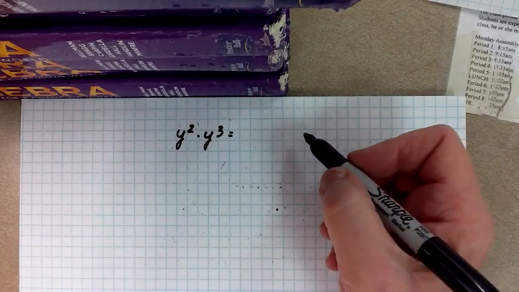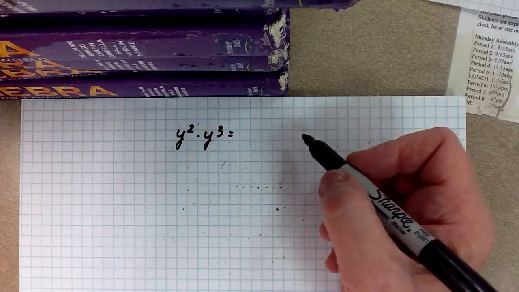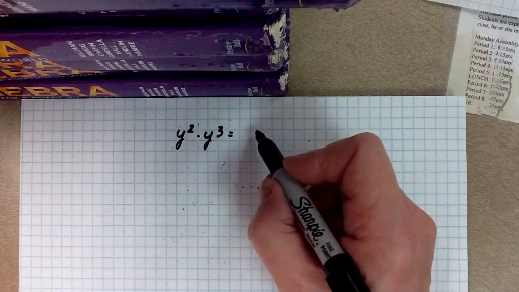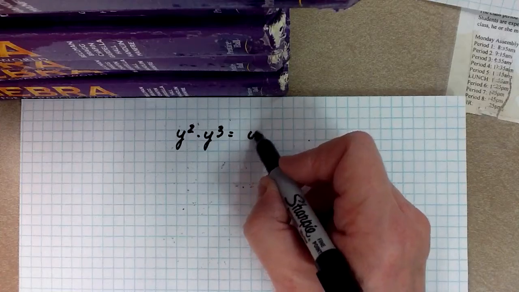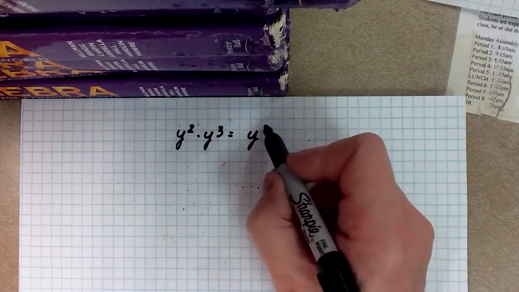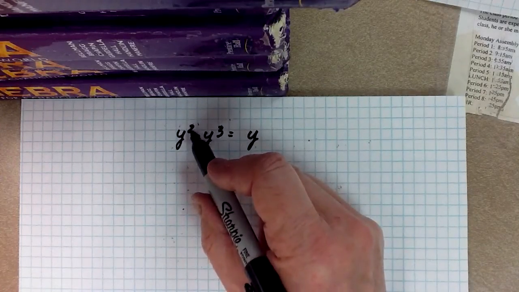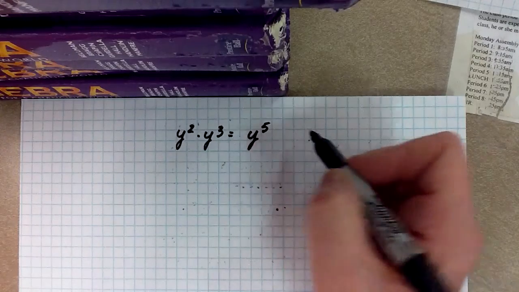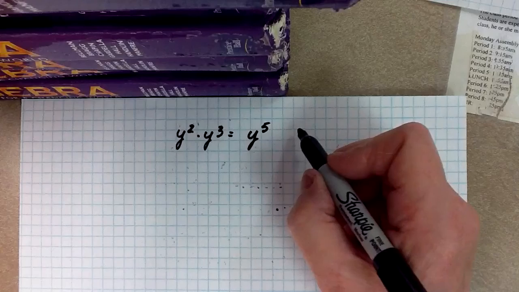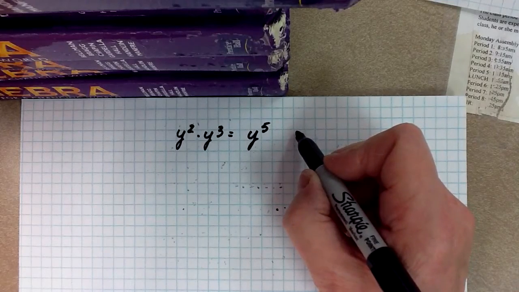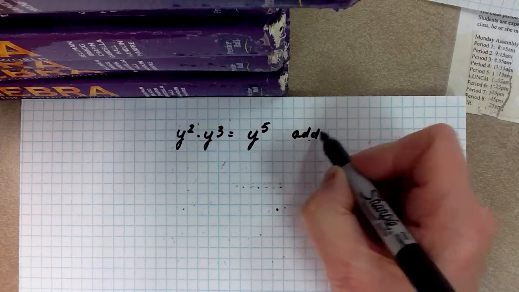Well, when we're dealing with variables and exponents, all we have to do, and as long as the bases are the same, that's the critical thing here, the bases need to remain the same, you take your y and then all you do is add the exponents. So we take 2 plus 3, and that yields y to the 5th power. So when we are multiplying with exponents, we add the exponents.